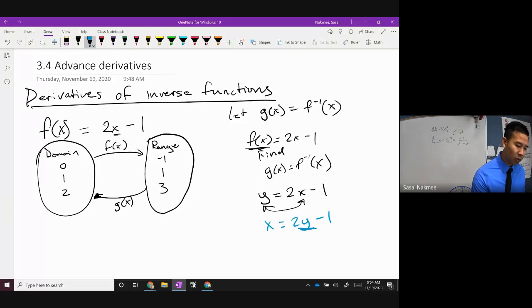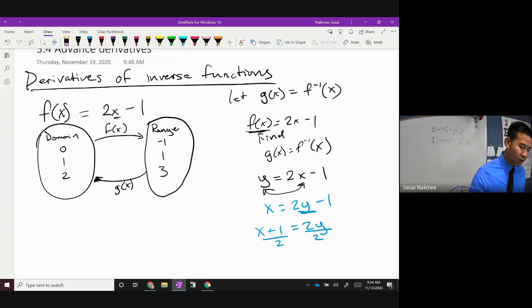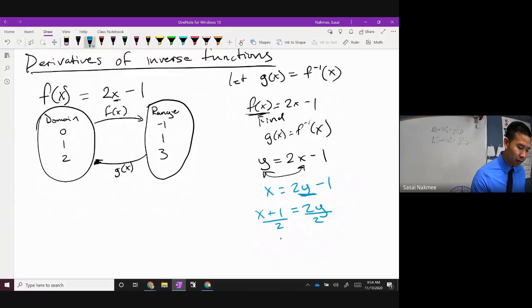So you'd add the 1 over, you get x plus 1 is equal to 2y, and then divide both sides by 2. And what that leads you to is y equals x plus 1 over 2, which is not actually y, that's actually your inverse function.